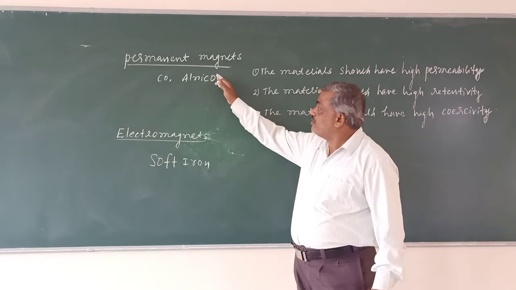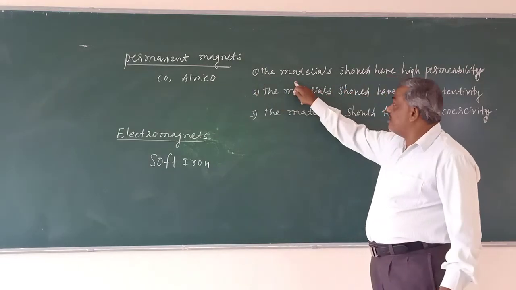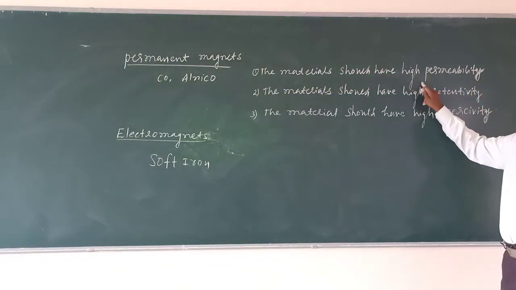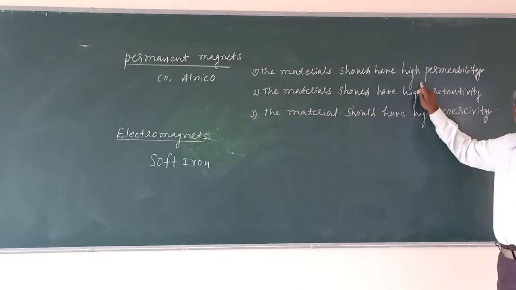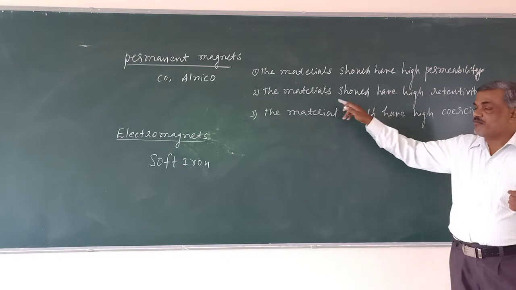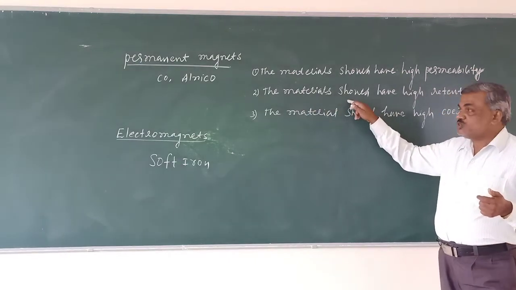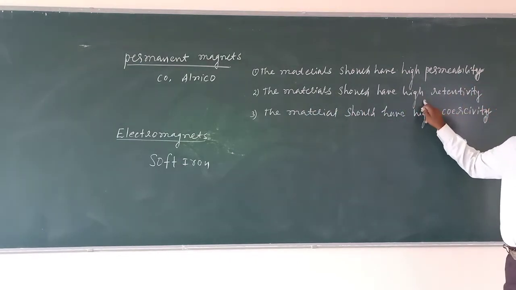The first property of permanent magnets: the material should have high permeability. Point two: the material should have high retentivity.